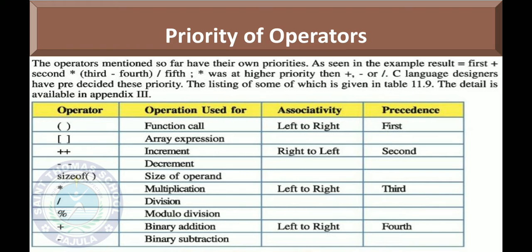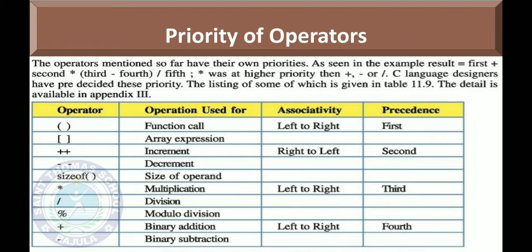Then the next operator is the sizeof operator, and after that the multiplication. They are in the third precedence, and the associativity is from left to right. Then in the fourth precedence comes the modulo, division, plus and minus, that is the binary addition and subtraction. These operators are at the 4th position in the order.